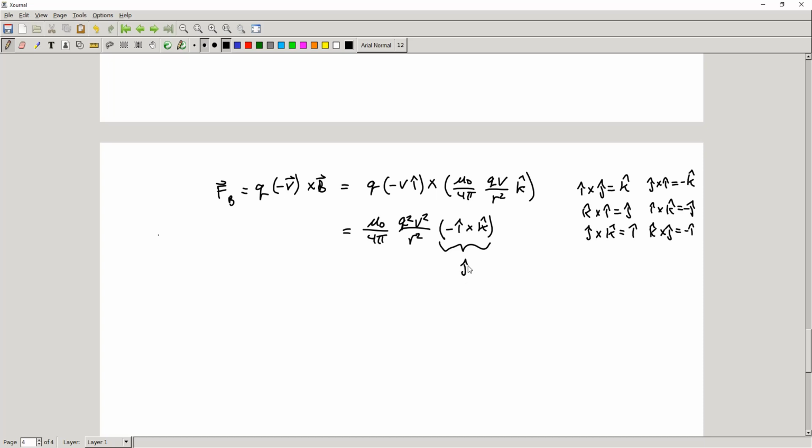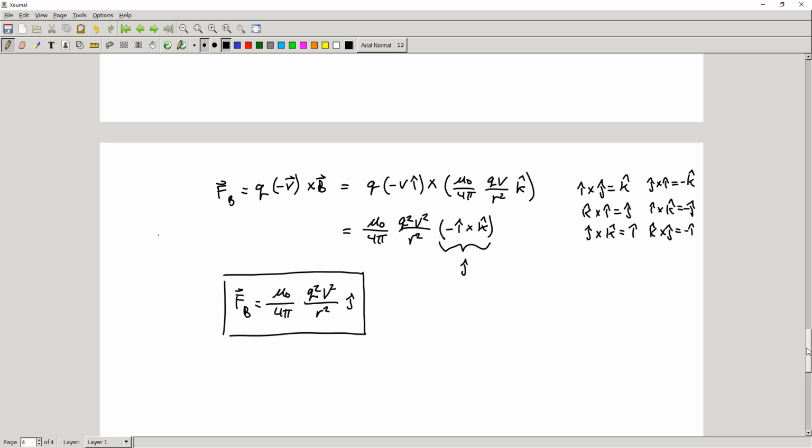Okay, and so the force that's experienced by that top proton due to the magnetic field generated by the bottom proton is going to just be equal to mu naught over 4 pi, q squared v squared over r squared, in the j hat direction.